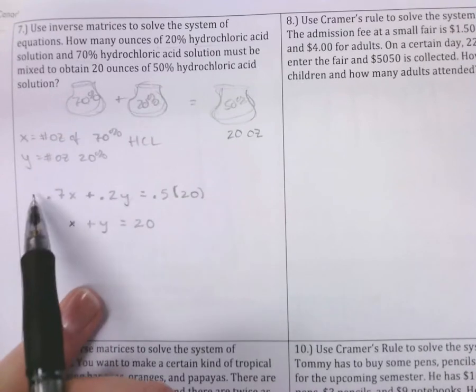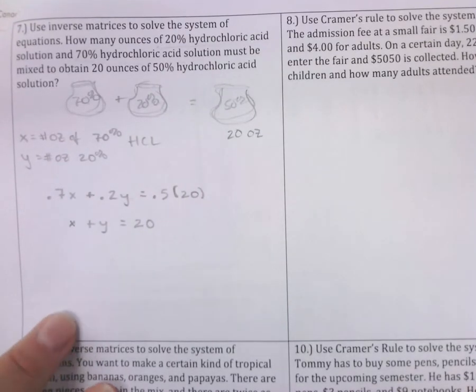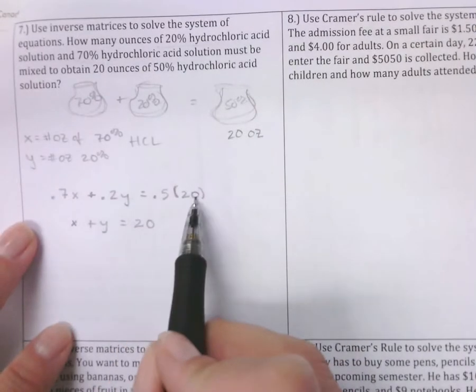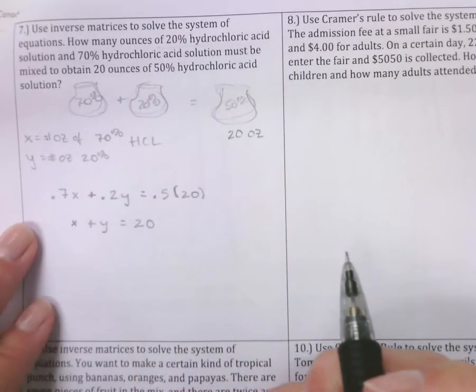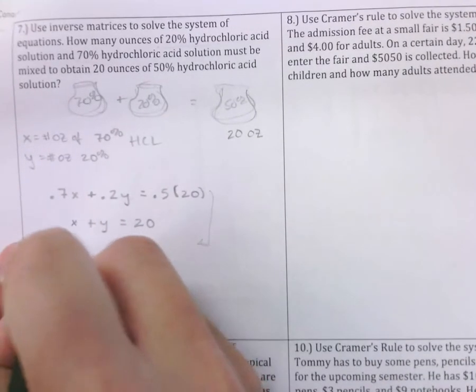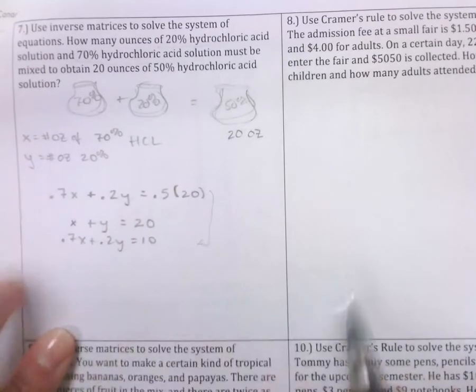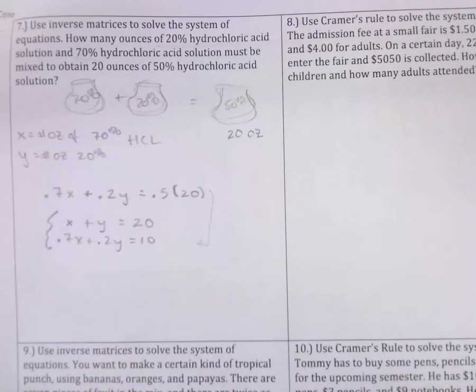So it's the same kind of equation, it just puts the percentage. Are you multiplying there? Yeah, you're going to multiply them. So it's 50% of how many ounces. If we multiply by 20, the second equation is 0.7x plus 0.2y equals 10. So this is your system of equations.